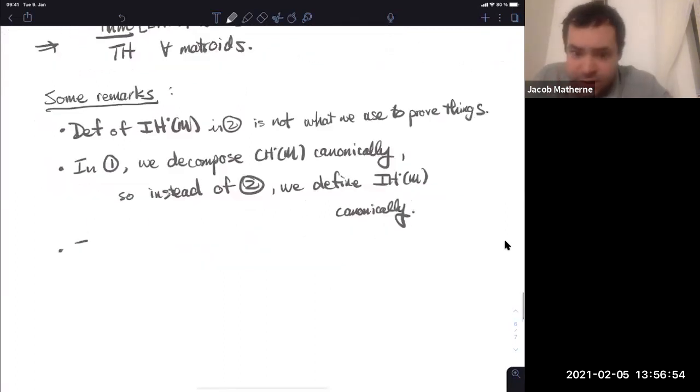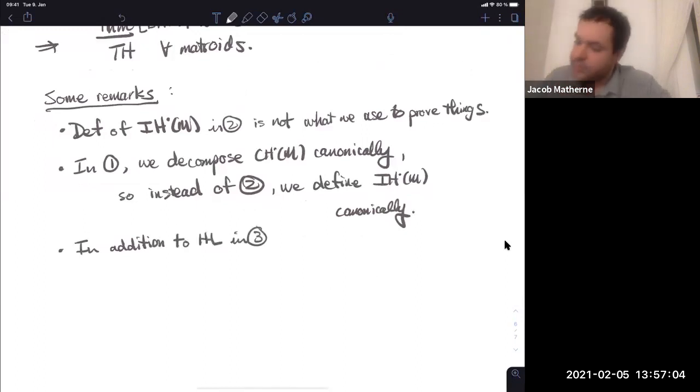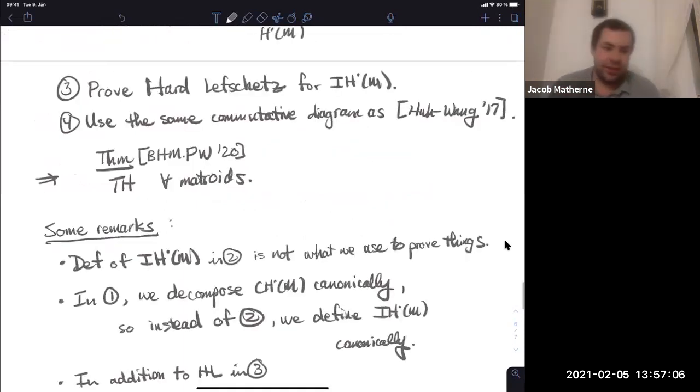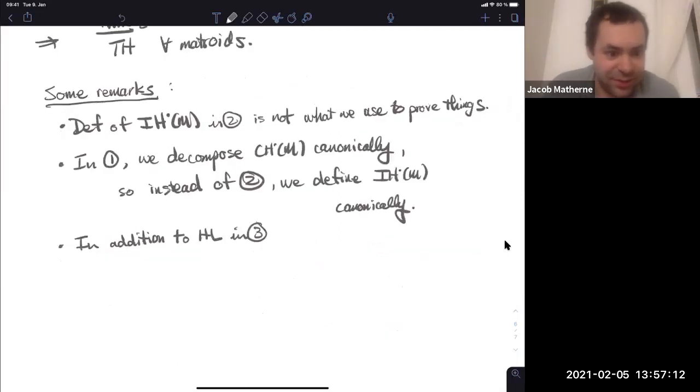And the last thing I want to say is that Hard Lefschetz is the only thing that we need for the application to the top-heavy conjecture. So in number 3, I said that we proved the Hard Lefschetz theorem for intersection cohomology. It's the only thing we need for the application, and it's also the only thing Nick will need for his application, for the non-negativity of Kazhdan-Lusztig polynomials.